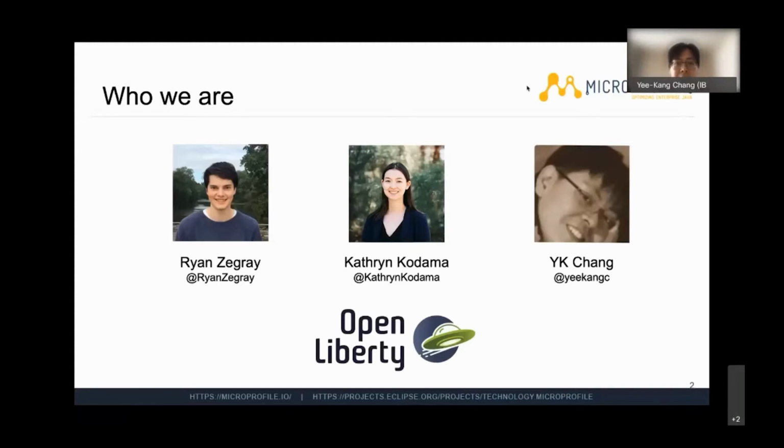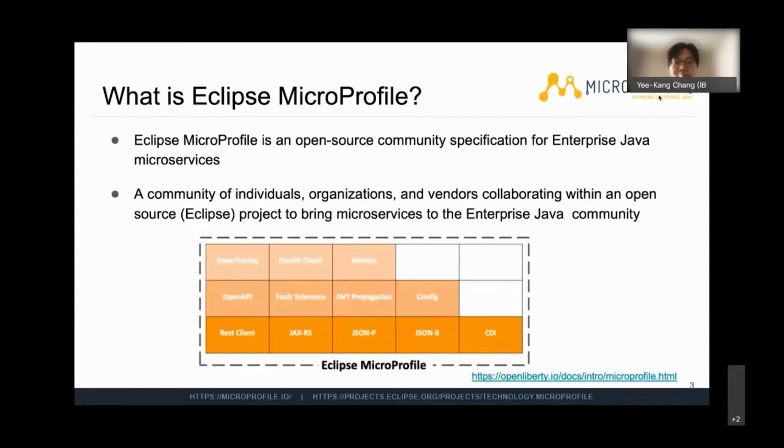All right, so first off, let's take a quick look at what Eclipse MicroProfile is. Eclipse MicroProfile is an open collaborative community effort looking at what sort of APIs we need to optimize microservices, allowing you to build microservices or cloud native Java applications easily using Java as the programming language.